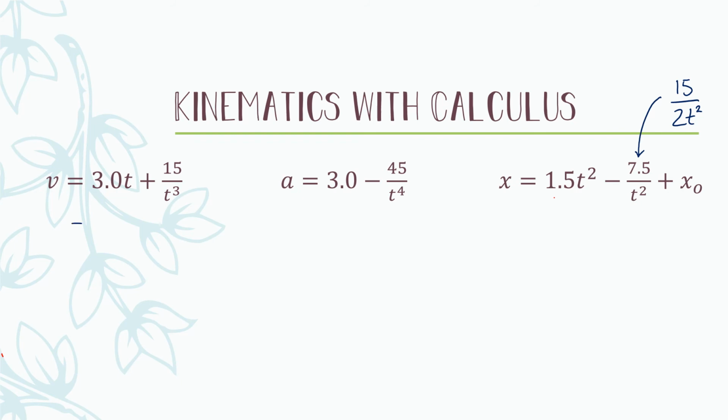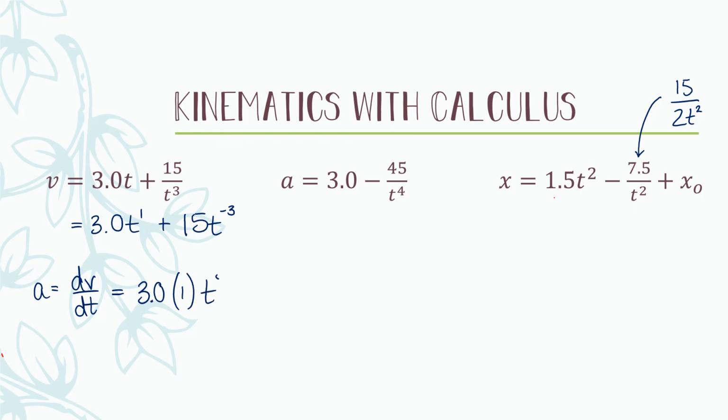So I'm going to start by rewriting this expression for velocity, much like I did on our last question. 3.0 times t to the 1st plus 15 times t to the negative 3rd power. So if I'm trying to find that acceleration by finding the derivative of that velocity expression, I have 3.0 times 1 times t to the 0 power plus 15 times negative 3 times t to the negative 3 minus 1.